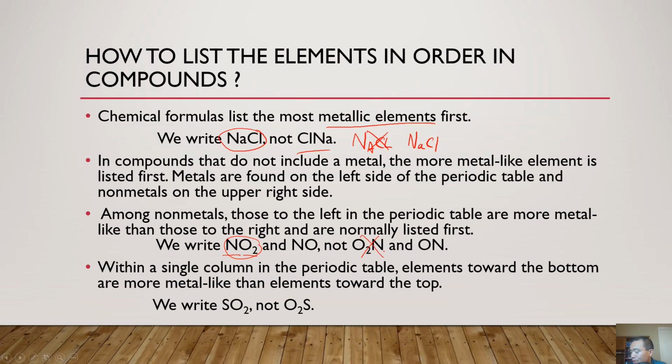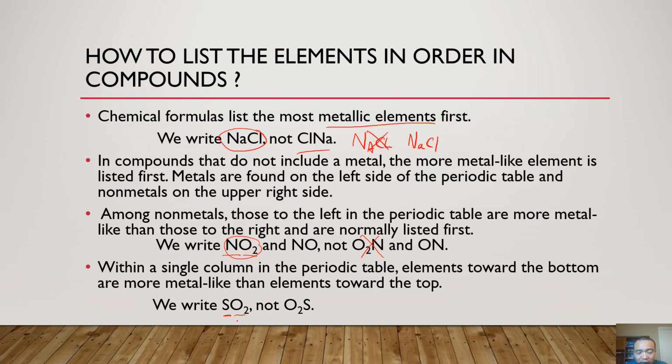O2N is wrong. The elements in the same column can be compared by looking at their order as well. The elements toward the bottom are more metal-like, thus they should be written first. For example, sulfur is below oxygen, so in SO2, it should be written in the order of SO2, not O2S.